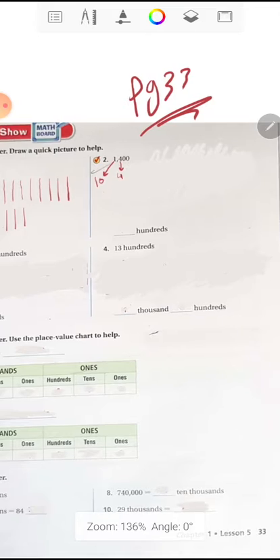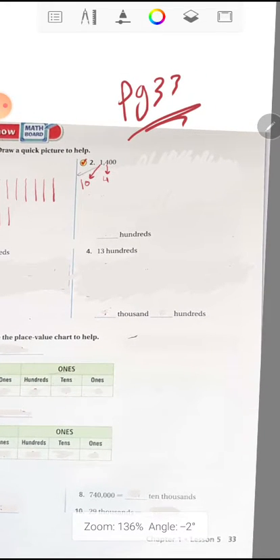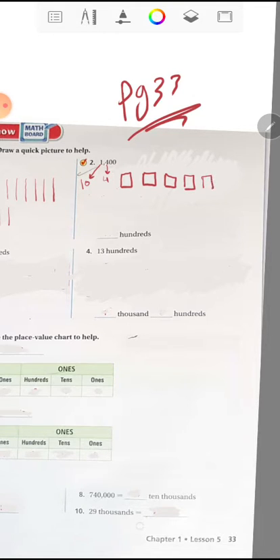Okay, let's draw the figure here. I will first draw 10 flats: 1, 2, 3, 4, 5, 6, 7, 8, 9, 10.